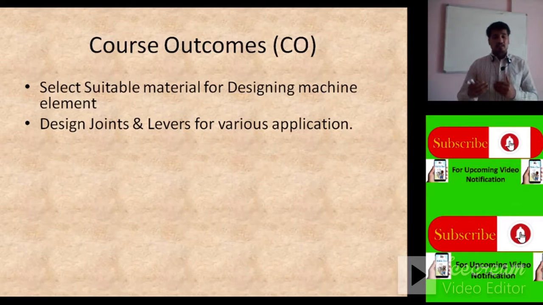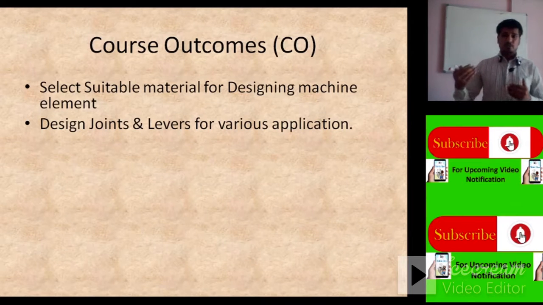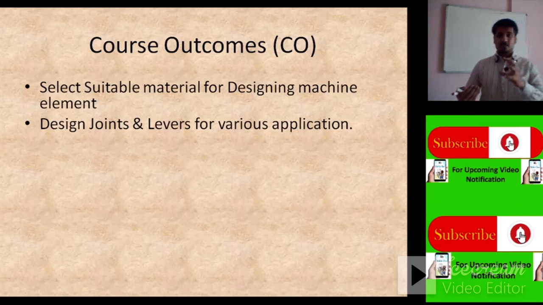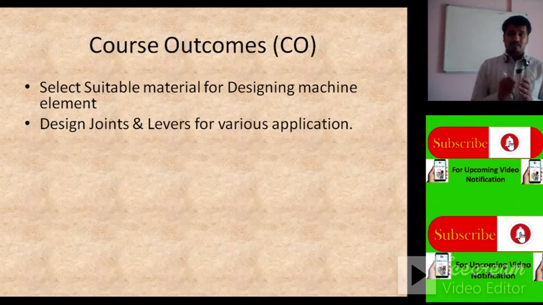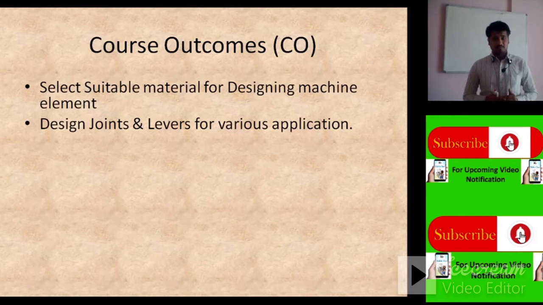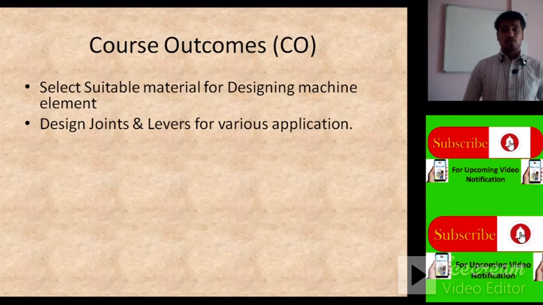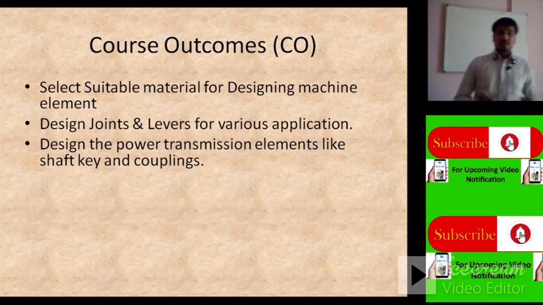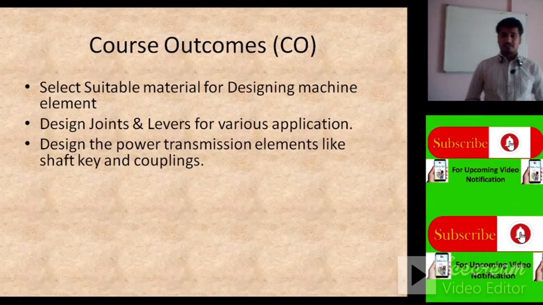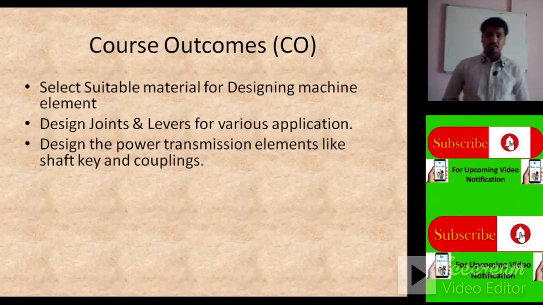To make these joints and levers, we have to design them, and this is our second course outcome, that is design of joints and levers for different applications. Then we have the third course outcome, to design the power transmission elements like shaft, key and coupling.